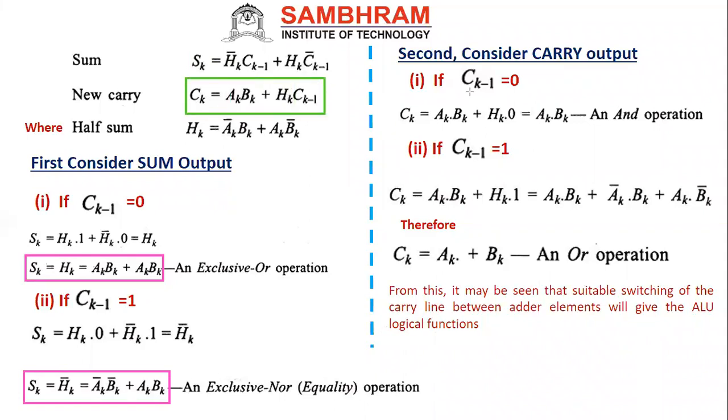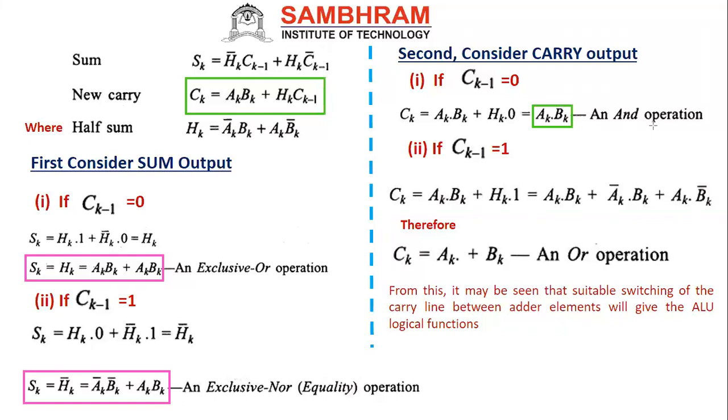In this expression, first, in the same way, case 1. If ck-1 is equal to 0, you have to substitute here. If ck-1 is equal to 0, this portion is 0, so this whole thing will become 0. Then your Ck = ak bk. Then you see this ak bk. So now I can say this is nothing but an AND operation.